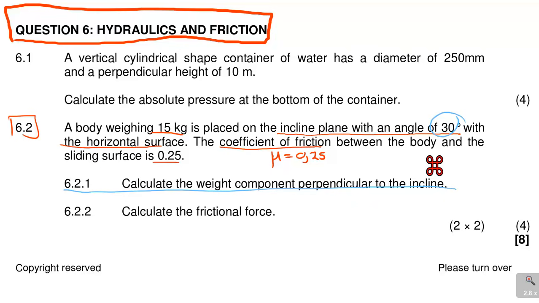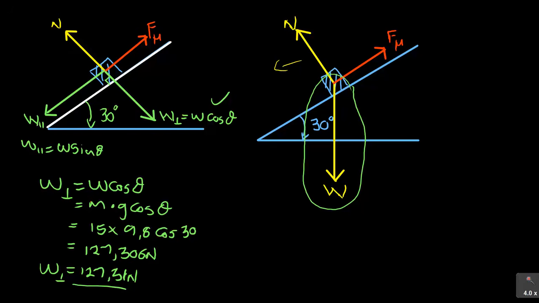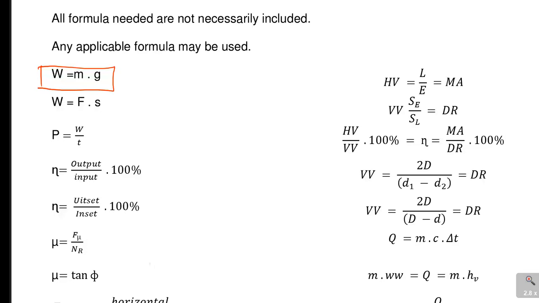The next question says calculate the frictional force. As you can see now, 6.2.2, calculate the frictional force, and it is 2 marks. Now for us to calculate the frictional force, we need the formula to be able to calculate friction, and we have this formula for friction which says mu is F mu over NR.